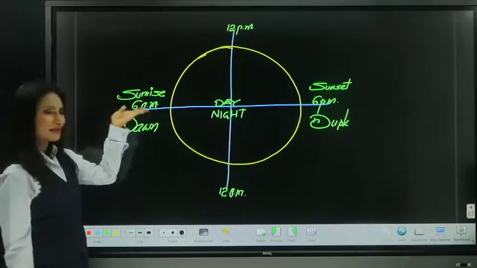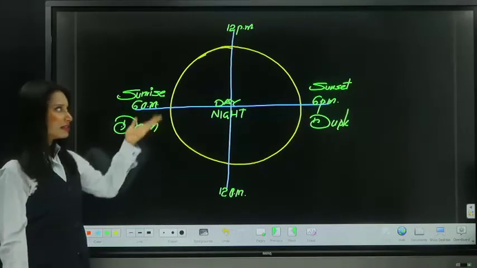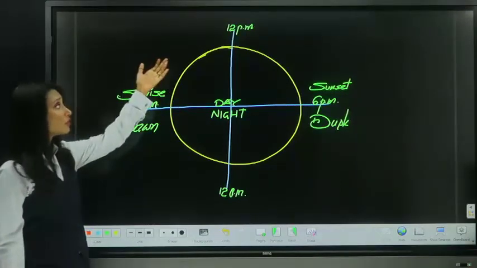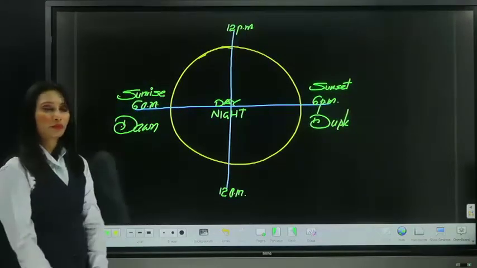Like 6 a.m. is generally called sunrise or dawn, 6 p.m. is called sunset or dusk. In the same way, what do you call 12 p.m.?